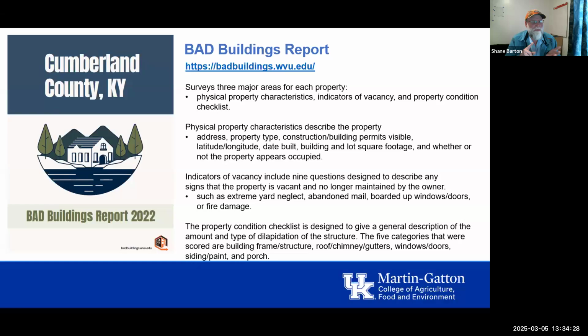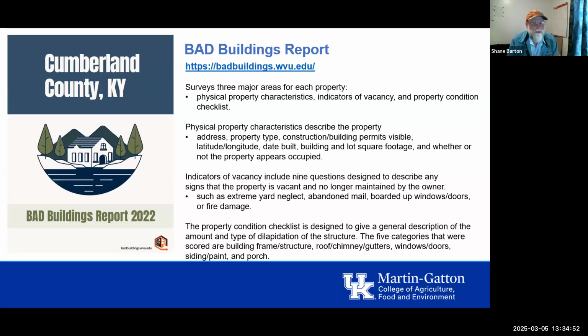Their property characteristics, we're often talking about some of the same information we shared a couple slides before: the address, property type, any construction permits, latitude, longitude, the date it was built, how old it was, the lot size, or whether or not it appears to be occupied or vacant, right?